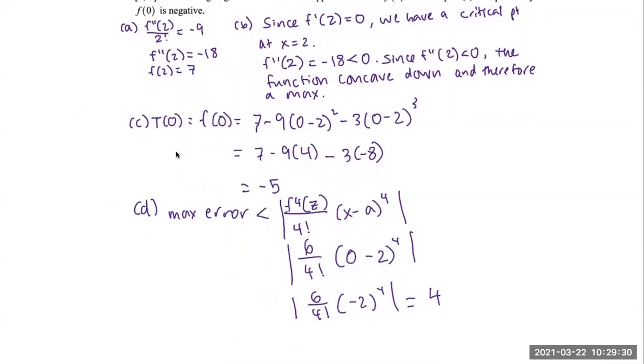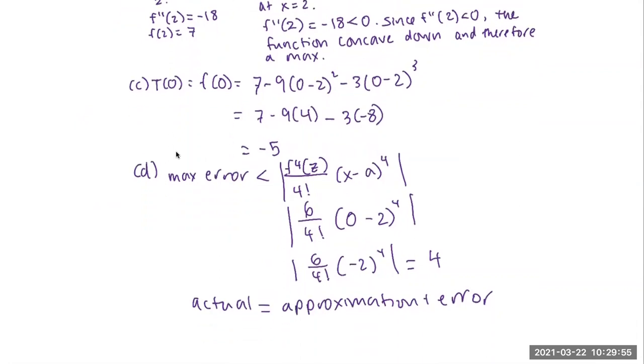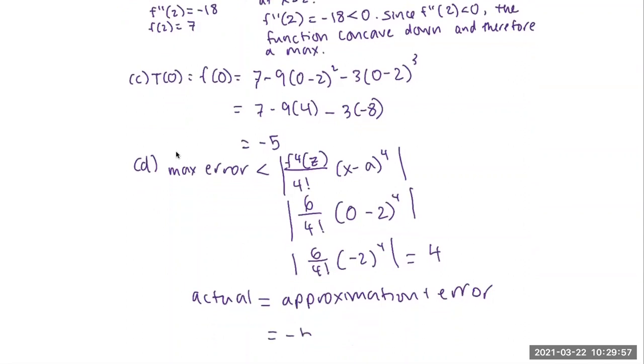If you think of the actual being better approximated, technically, if you add the error to the approximation, you would get closer to the actual value. Anytime you're off by something, if you add that error back, it should get you closer to the actual. Our approximation from before was -5.